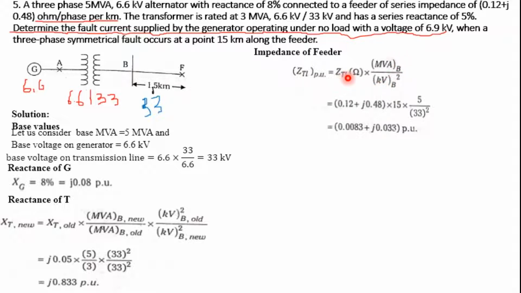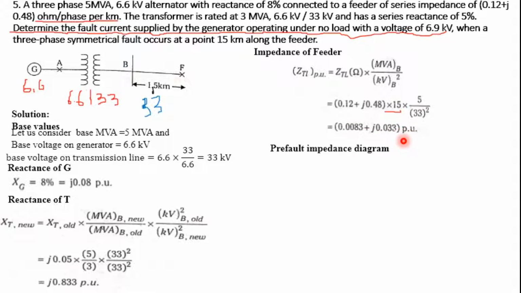The impedance of the transmission line is given as 0.12 + j0.48, multiplied by 15, because it is a 15 kilometer length. The MVA is 5 MVA, and the voltage on the feeder is 33 kV, so 33 squared. This gives 0.0083 + j0.033 per unit.